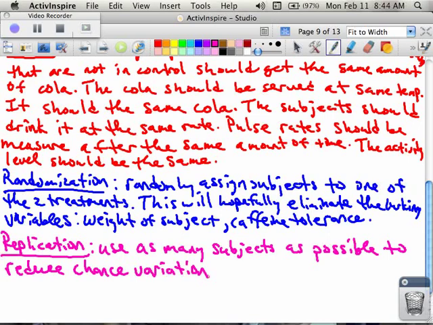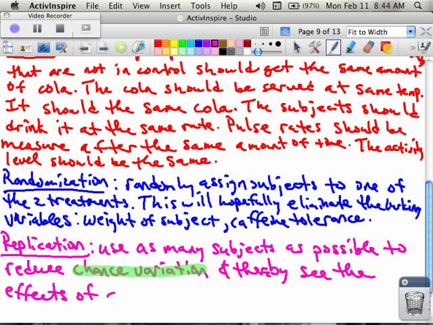This chance variation thing. They talk about it a lot. And thereby see the effects of caffeine on pulse rate. Was there anything else we were talking about? No, not really.